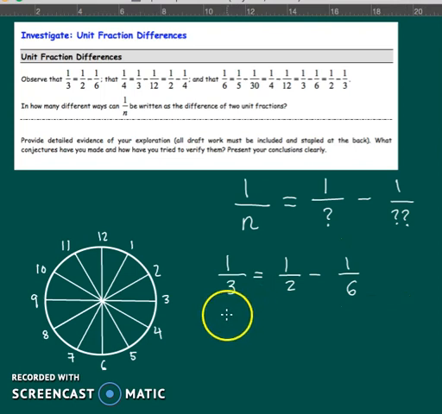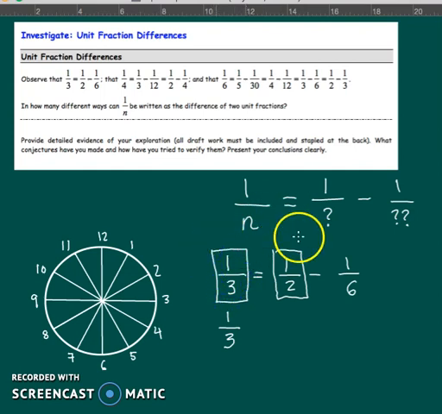So when we have a fraction like 1 over 3, and we're trying to see what two numbers it might be the difference of, we have to realize that the first number that we're going to be subtracting from has to be a fraction that is bigger than the original number that we are trying to get to. So notice that in terms of a pie, for example, 1/2 takes up more of the pie than 1/3, so that in the end, 1/6 is left over.